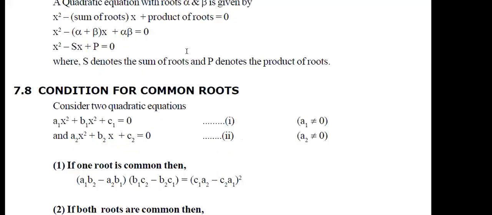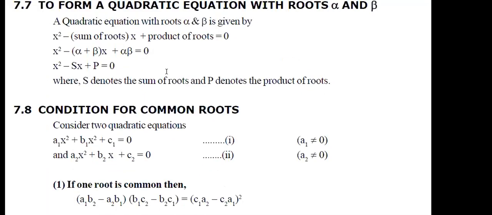Now, when we talk about the concepts, the first concept was just solving the equations. The second concept is using alpha and beta to find the equation. Let's think about it.